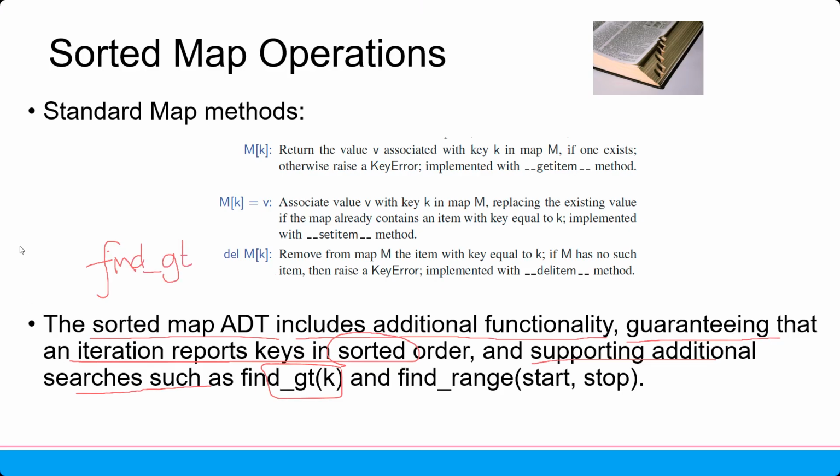GT means greater than. Or we can find range. Find range. So we have a number: what is the number of the starting point, and what is the number of the stopping point? And we can also do this one to search any number.